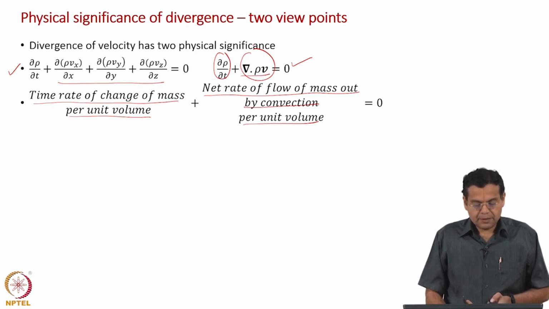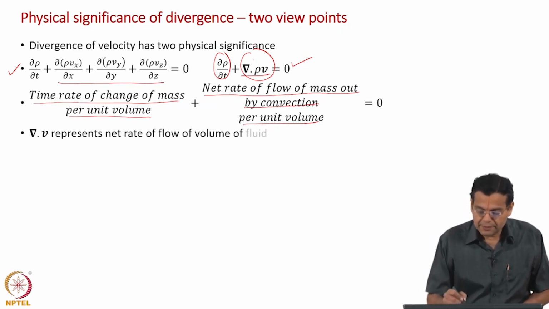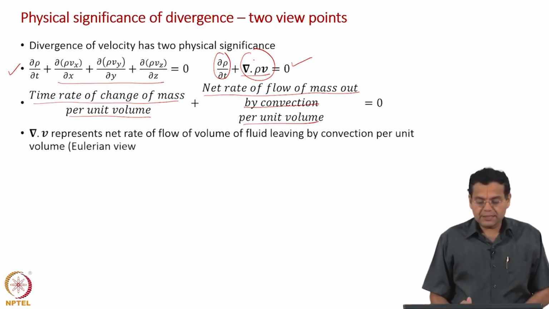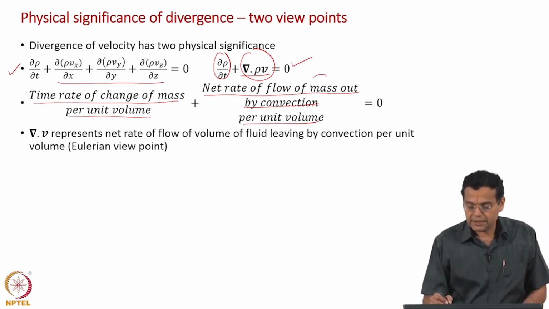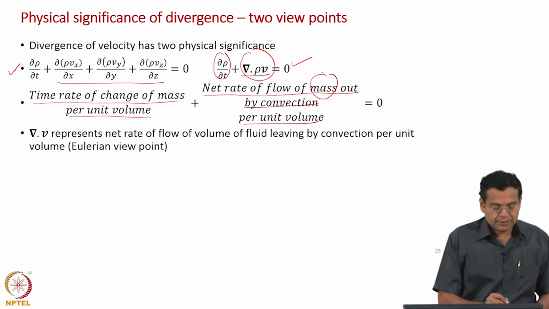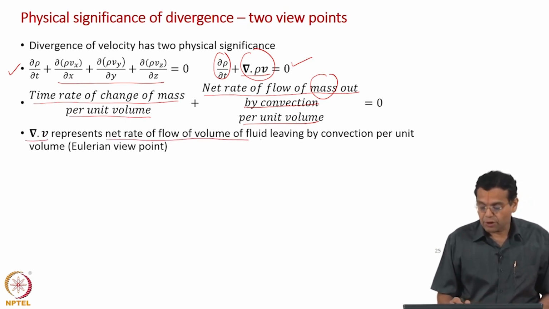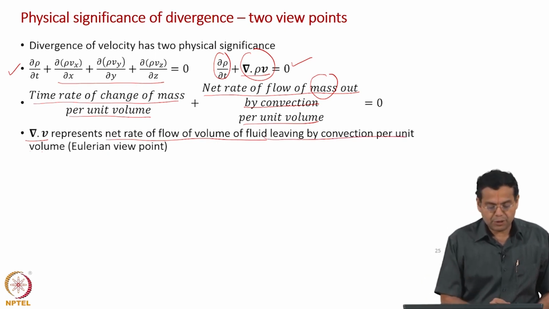So, if you take del dot V, if you take out the density and consider only del dot V, that represents net rate of flow of volume of fluid. Here in this case it was mass, because we have only del dot V. So, it represents net rate of flow of volume of fluid, once again leaving by convection per unit volume.